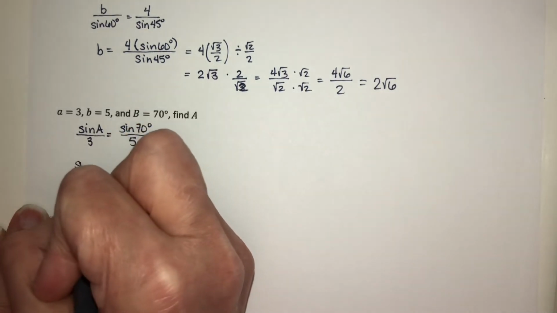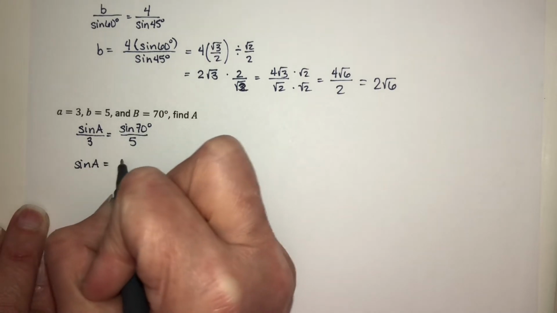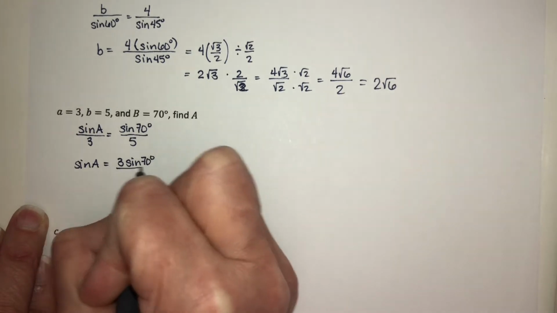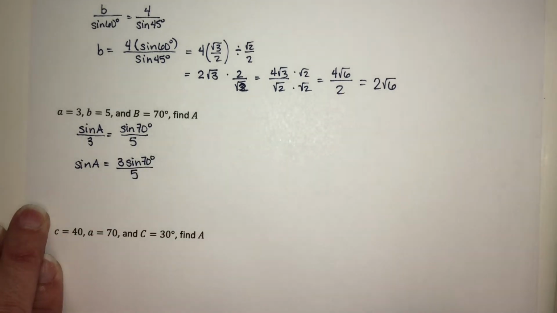So this means sine of A is equal to 3 times sine of 70 degrees over 5.